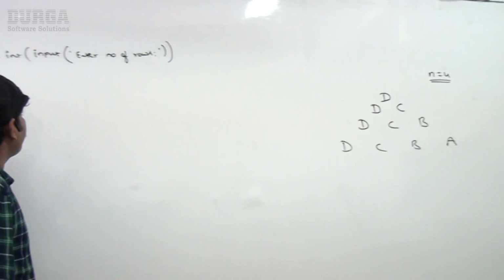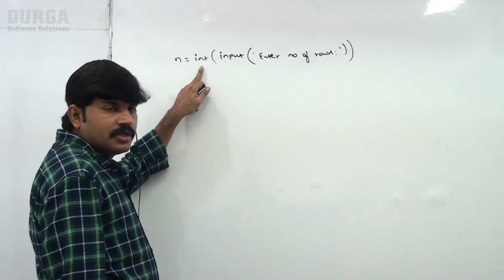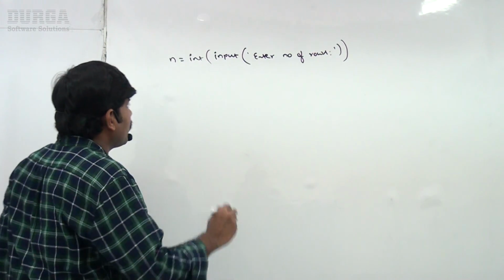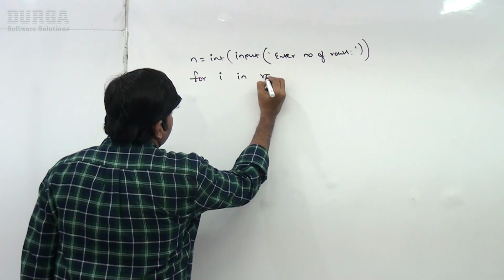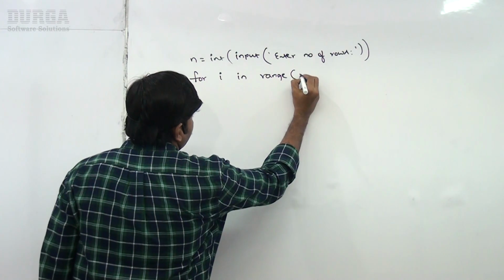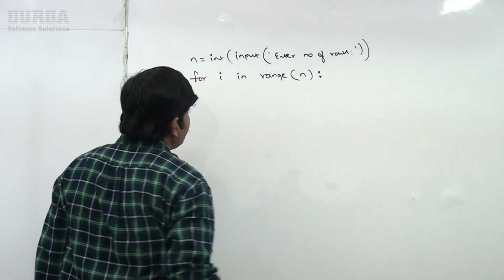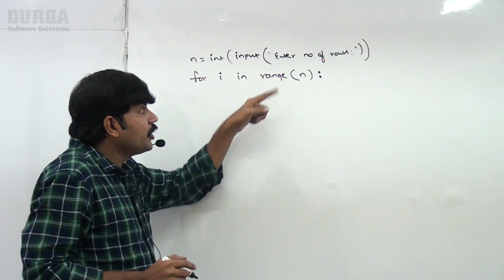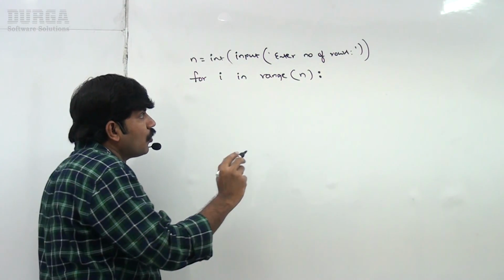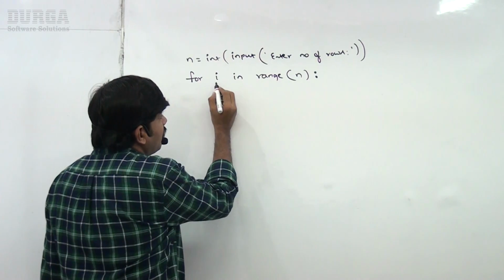Now observe carefully. n is equal to int of input of enter number of rows, for i in range of n. If n is equal to 4, what are the various possible values of i?